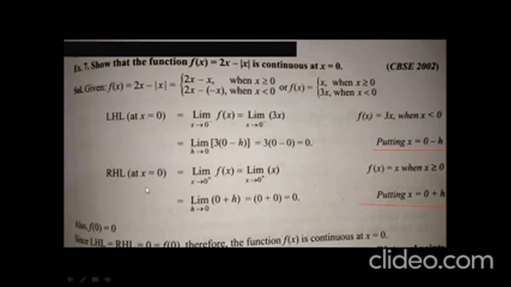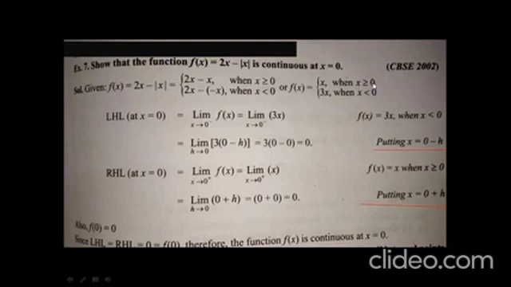So now we have the value of the left hand limit and the right hand limit. Now we need to find the value of the function at the point 0. We can easily see that f(0) is equal to 0, because the function is equal to x when x is more than or equal to 0.